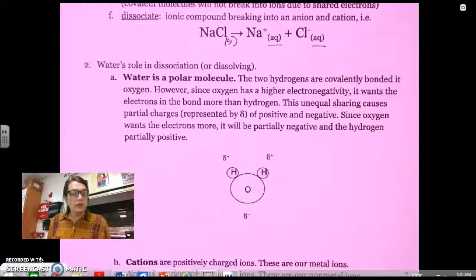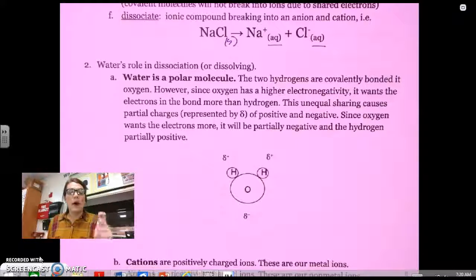So this unequal sharing of these electrons is what's going to cause these partial charges on our covalent compound. Now, here's the thing. These aren't full charges. They're not full charges because the atoms are not fully losing and gaining electrons. They're only partial charges because there's sharing involved, okay?